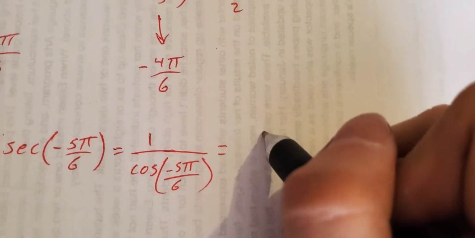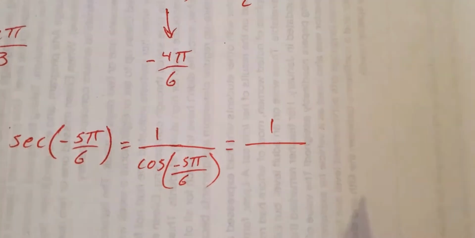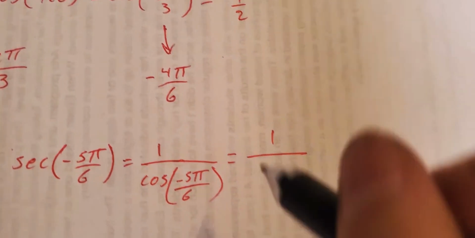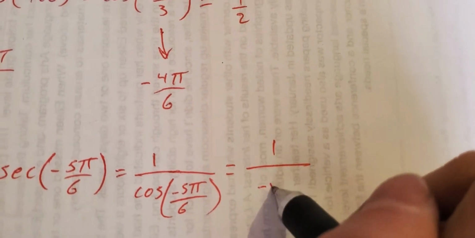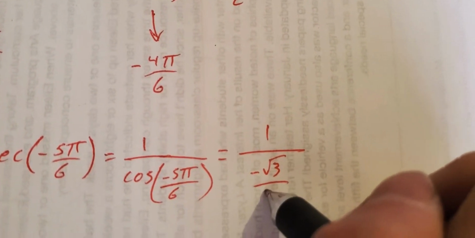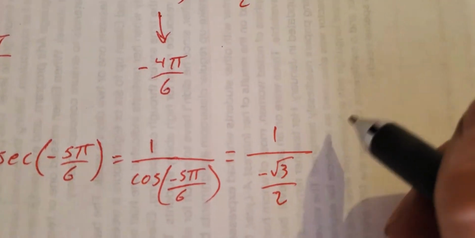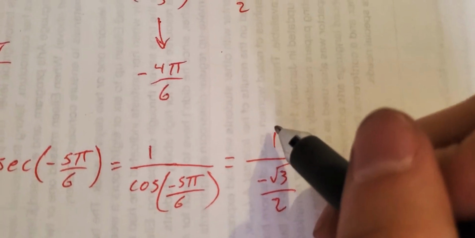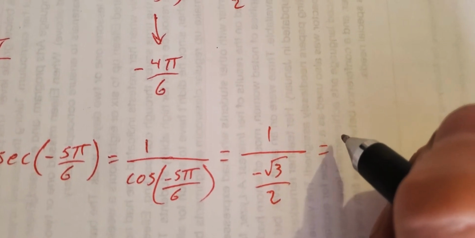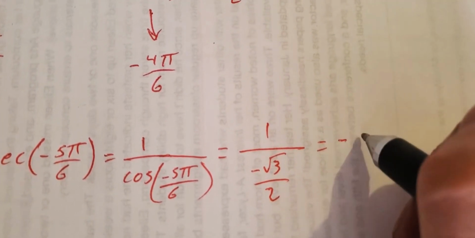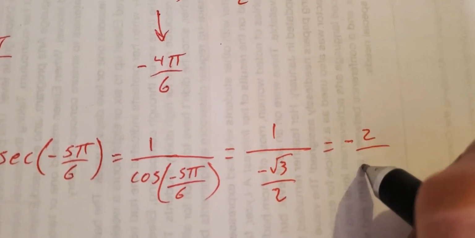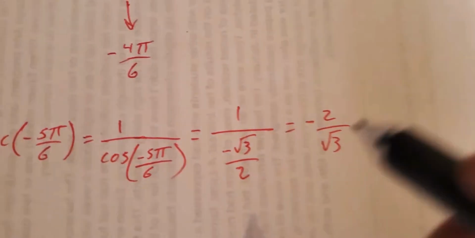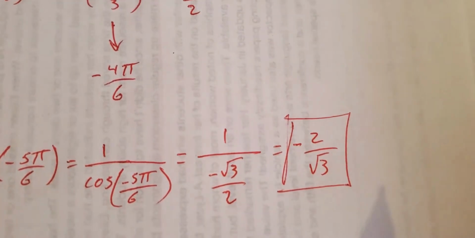So my answer is going to be 1 over, and we know that cosine at negative 5 pi over 6, going clockwise, is negative root 3 over 2. And I told you that simplifying a fraction like that is just the reciprocal of the fraction. So negative 2 over the square root of 3. Alright, this is my answer.